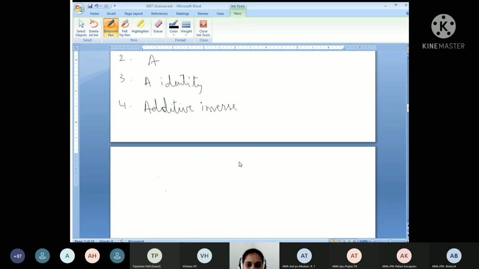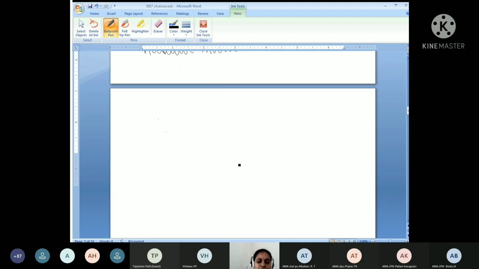Okay, so how it will be? Let A equal Aij be a matrix of order m by n. Then its inverse is given by minus A, which is equal to minus Aij.